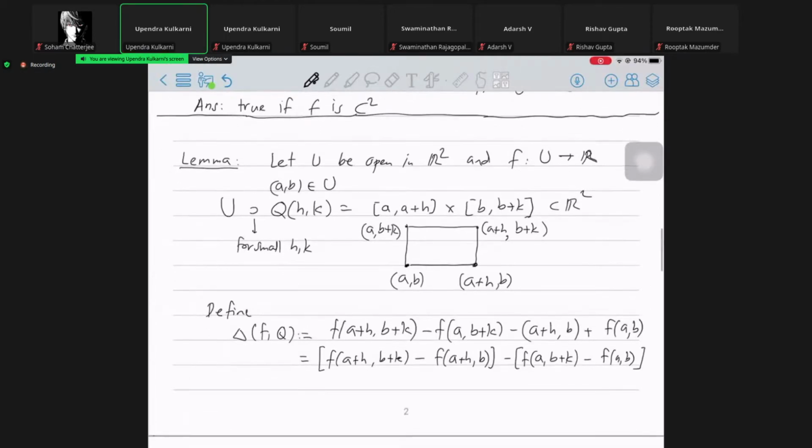So for the future, let us just note this. By the way, we are still in the statement of the lemma, but let me parenthetically note: limit as K approaches 0 of delta F divided by K is equal to what?